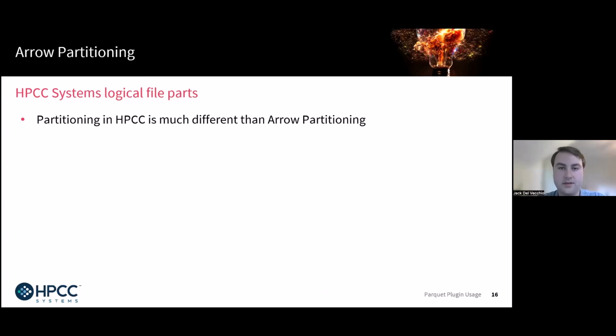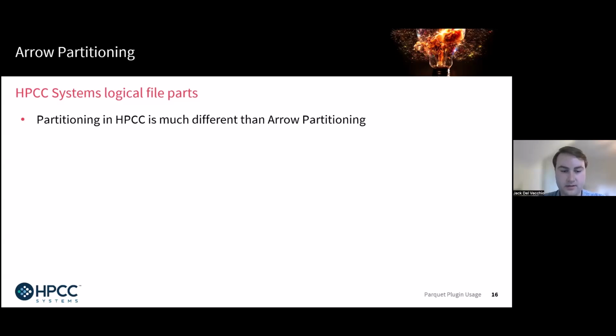The way that it divides it up is by rows. This is conceptually different from how Parquet partitions files, because Parquet is a column-oriented storage format. So it is going to divide the files up by columns.